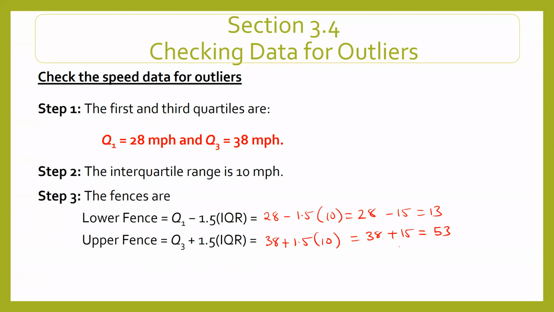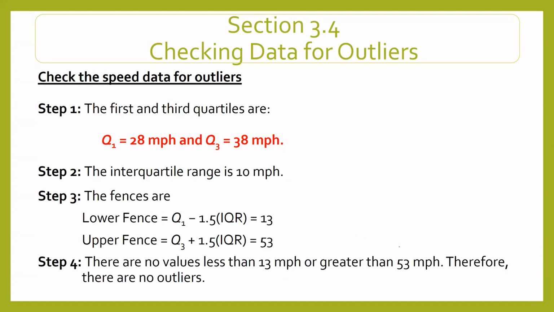So the lower fence is 13, the upper fence is 53. If you go back to the data set that we used, no value is less than 13 and no value is greater than 53. That means there is no outlier for this data set.